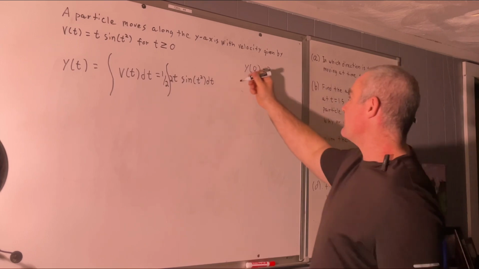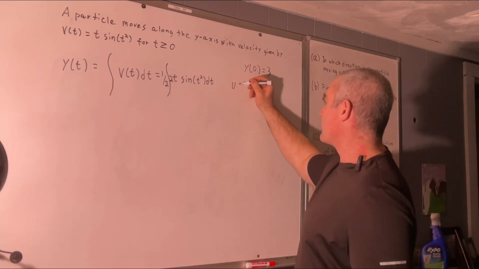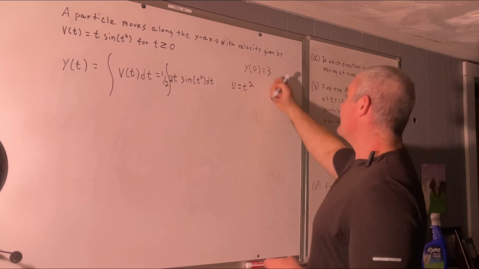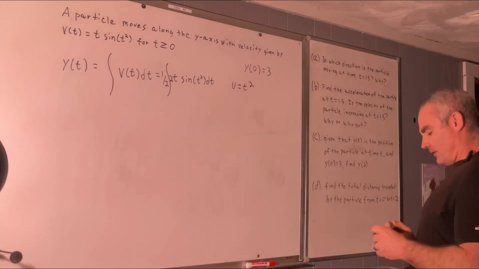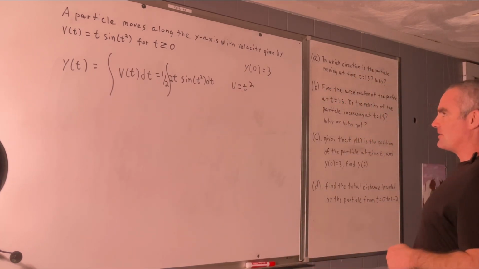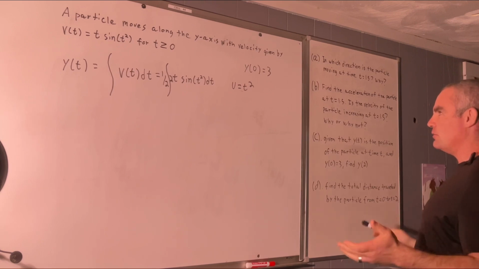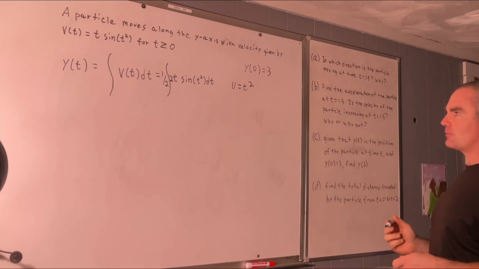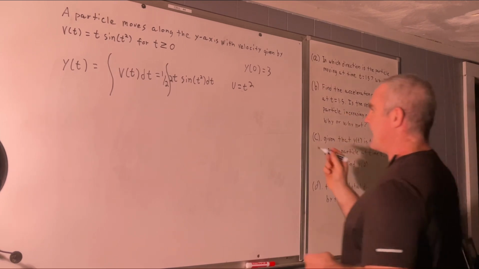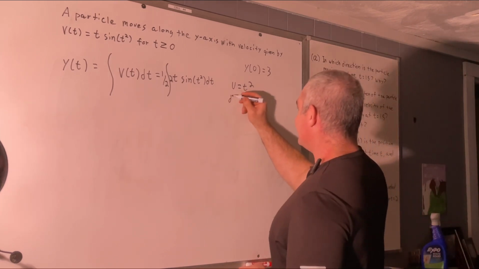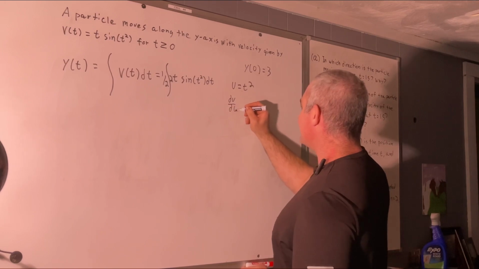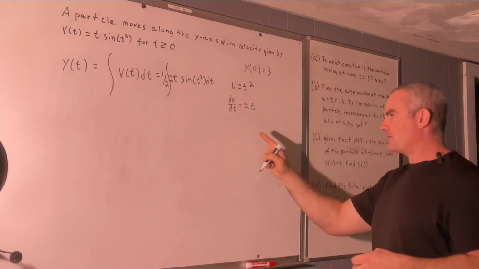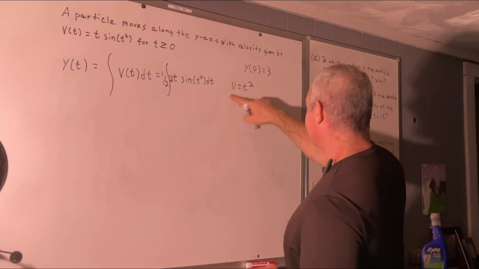Our u substitution in this case is we're going to make a substitution: u is equal to t squared. Now there are a lot of different ways that calculus teachers like to do this. A lot of them like you to take a derivative with respect to t on both sides, giving you du dt is equal to 2t, then multiply both sides by dt.